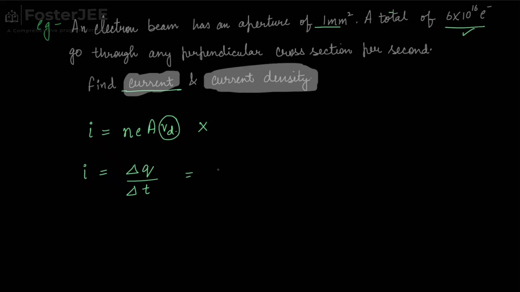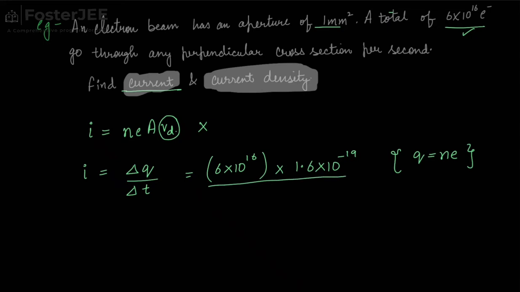So if 6 into 10 to the power of 16 electrons are being passed, then the total charge will be this number into the charge on one electron, that is 1.6 into 10 to the power of minus 19. You can also write Q equals n e.